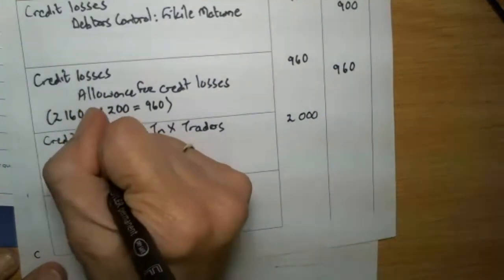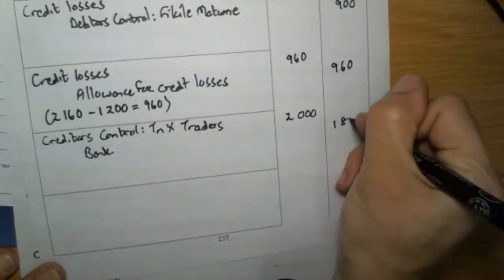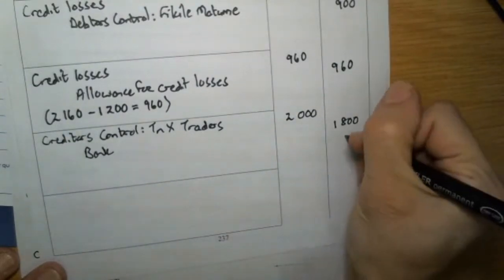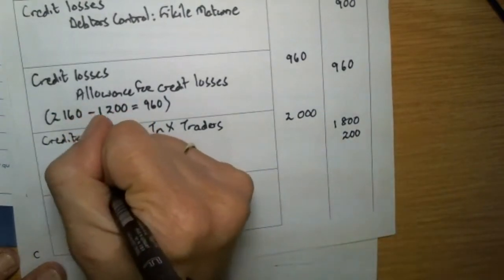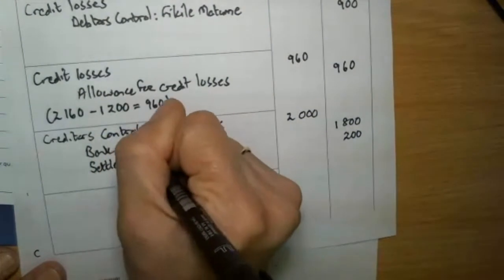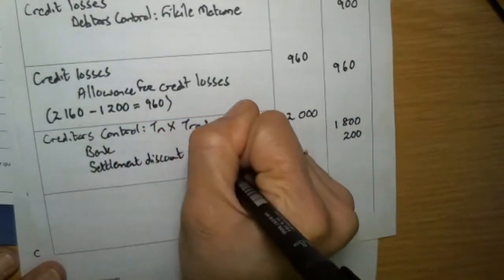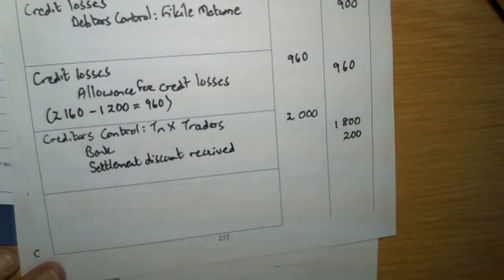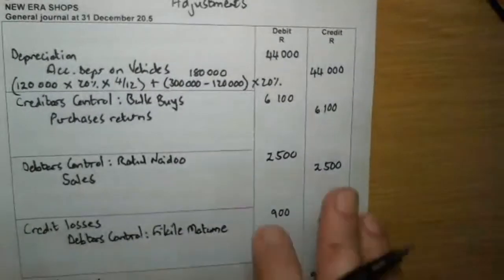We paid the creditor, so when we paid an amount, that means our bank account is going to be decreasing. We credit the bank account, and the difference of 200 Rand, therefore, is settlement discount that we've received. And when we do our closing transfer, we're going to close the settlement discount received against purchases. So that was item number 7.